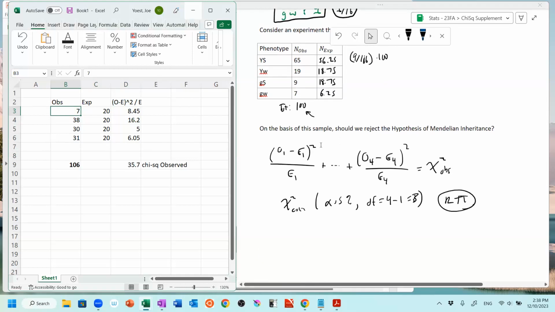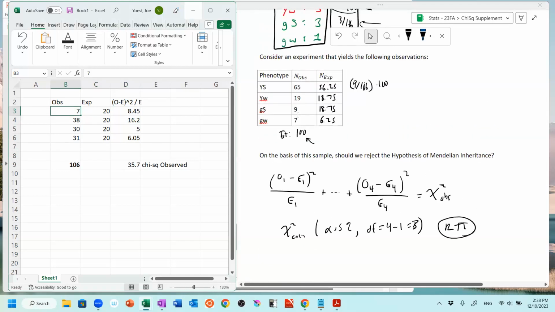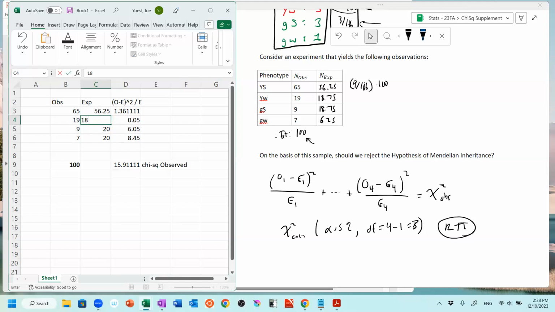So I need to change my observeds to these 65, 19, 9, and 7. And my expecteds to 56.25, 18.75, 18.75, and 6.25.